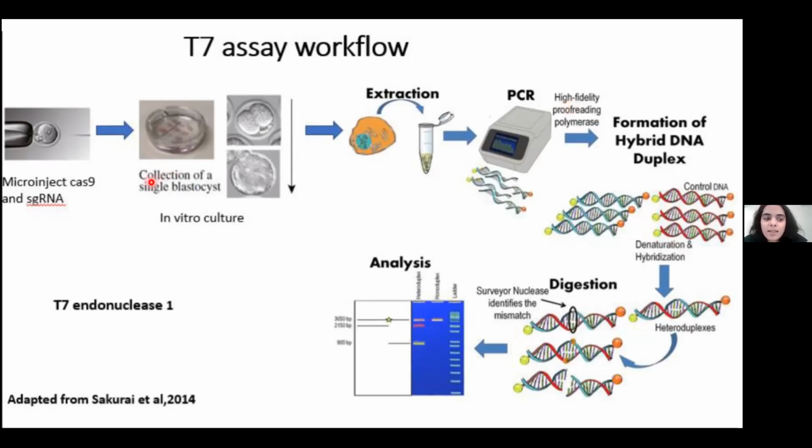In this assay, there's an enzyme called T7 endonuclease that identifies heteroduplexes and cleaves them. When you run it on a gel, you see 2 bands because of the cutting of the DNA. If there are no heteroduplexes, it would mean there are no random insertions and deletions in any of the DNA. That indicates the efficiency of the single guides.